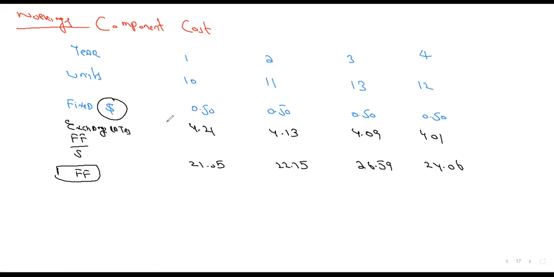First of all, calculate the sale price. 10 units multiplied by 0.50, this is coming as 5.